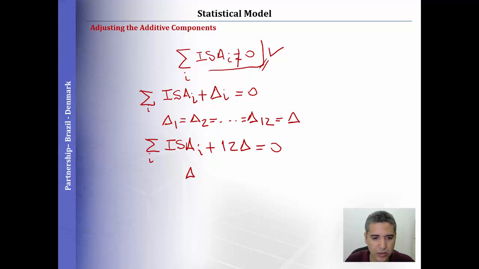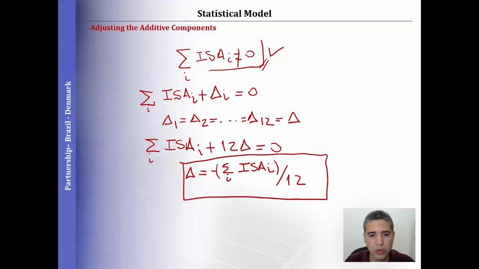And then the delta value will be minus the sum of all components divided by 12. So we will compute the delta value and we will apply it in this expression in order to obtain new additive components.